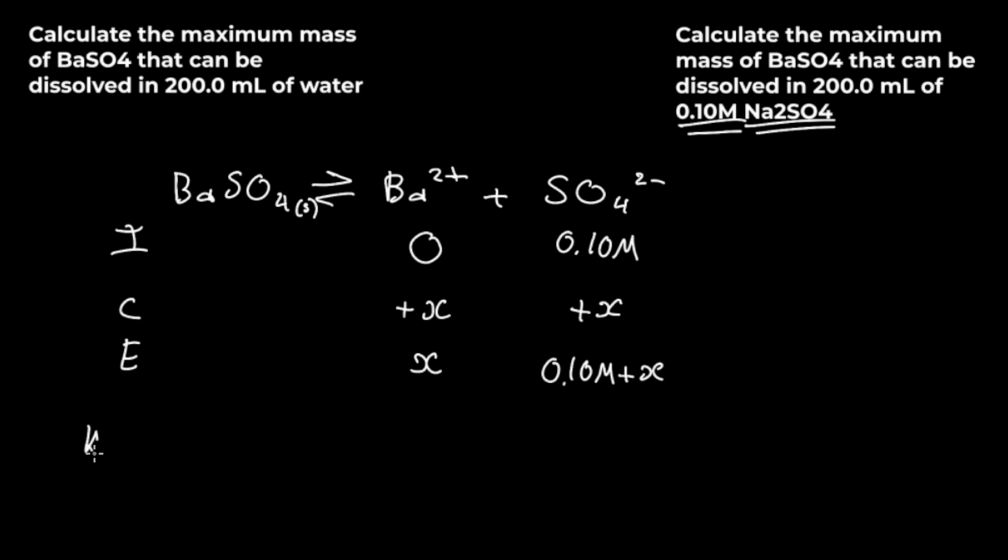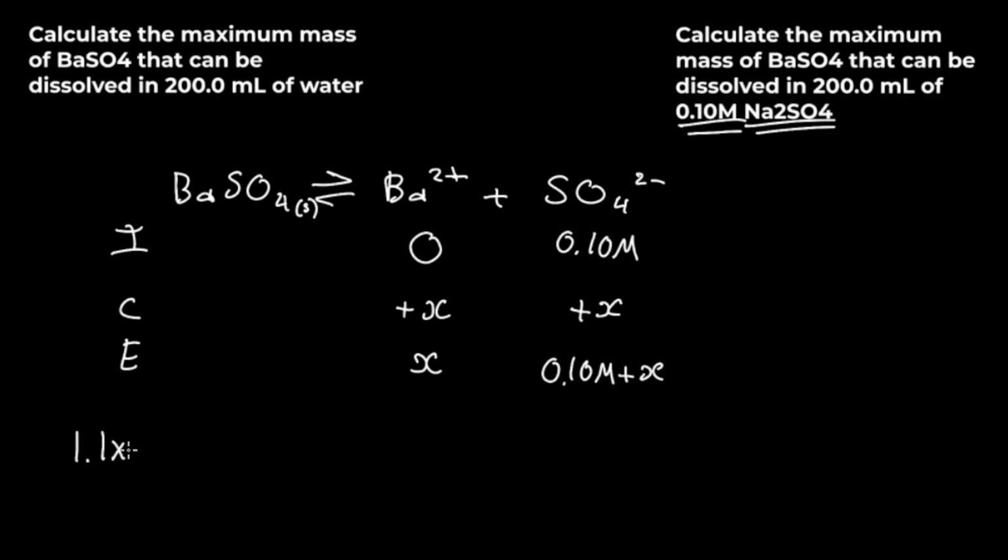So now to find the Ksp, or well, we already have Ksp. We remember that it was 1.1 times 10 to the negative 10.